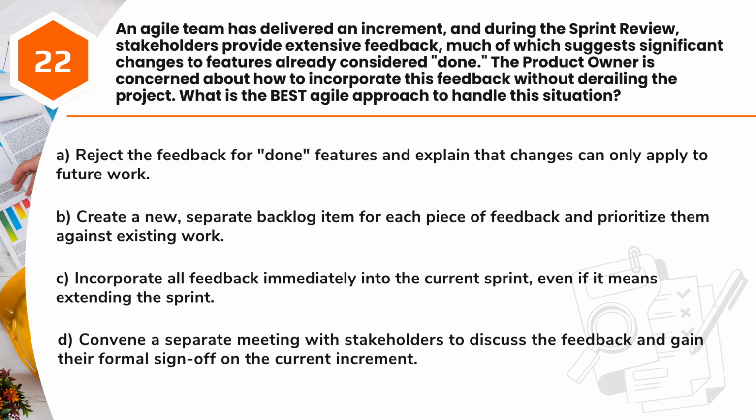A. Reject the feedback for done features and explain that changes can only apply to future work. B. Create a new, separate backlog item for each piece of feedback and prioritize them against existing work. C. Incorporate all feedback immediately into the current sprint, even if it means extending the sprint. D. Convene a separate meeting with stakeholders to discuss the feedback and gain their formal sign-off on the current increment.